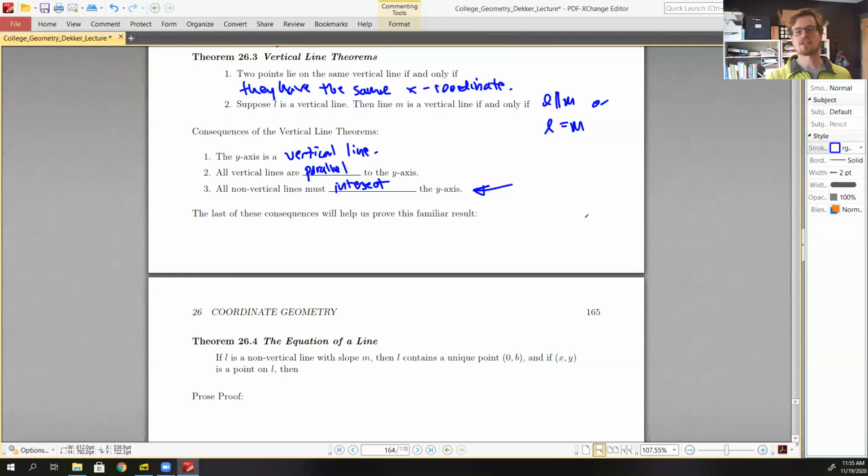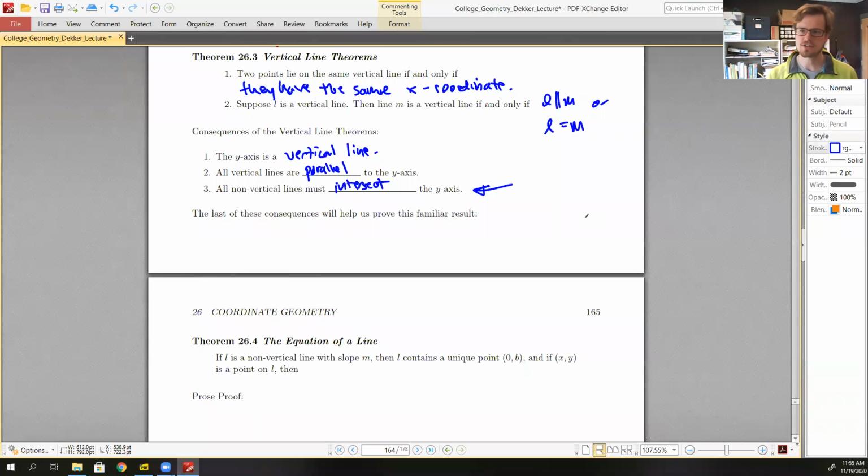Now with this particular orientation that we have assigned, there is something called a vertical line, a horizontal line, and so forth. And so here, what we're recognizing is that we've chosen a particular orientation of the coordinate plane. And that's really what we're saying when we state these theorems on vertical lines.